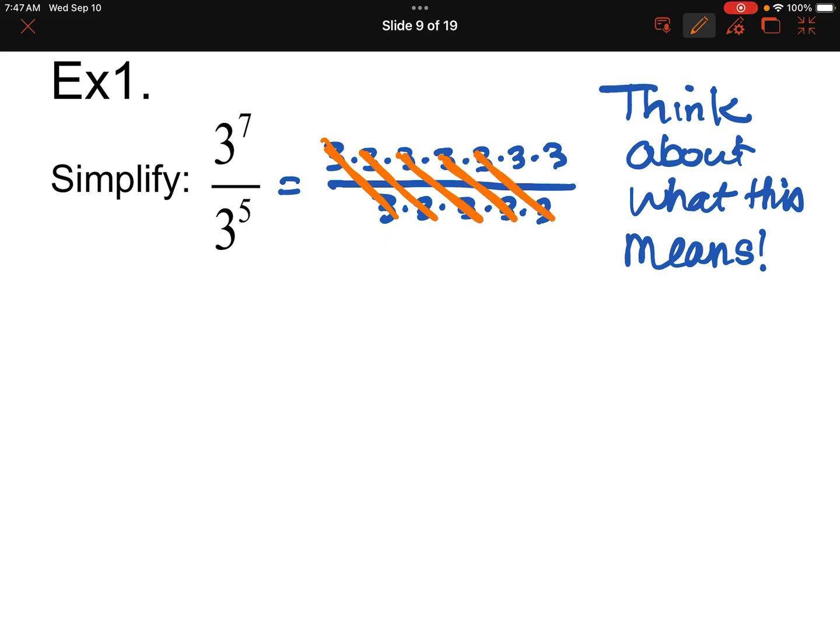Now, when I'm canceling these, I'm not canceling to 0. I'm dividing out a 3 from the numerator and a 3 from the denominator. And if I have a 3 in the numerator and a 3 in the denominator that can cancel, I can get those down to 1. 3 to the 7th over 3 to the 5th is going to leave me with 3 times 3, which I can write as 3 to the 2nd.